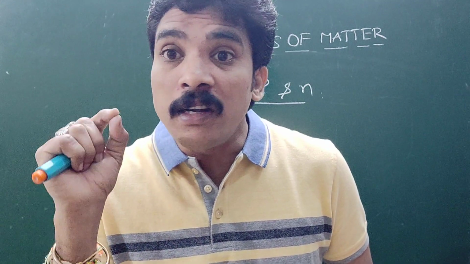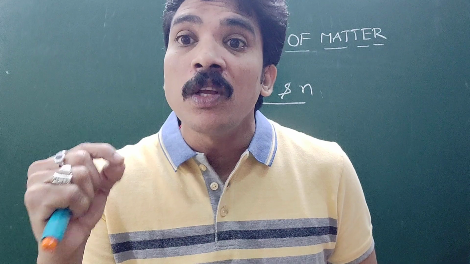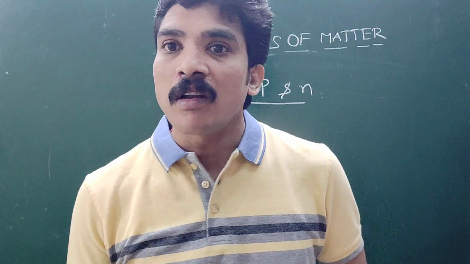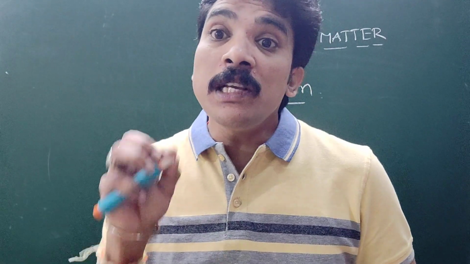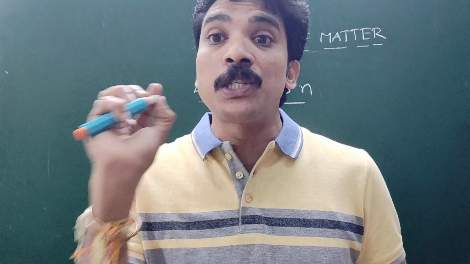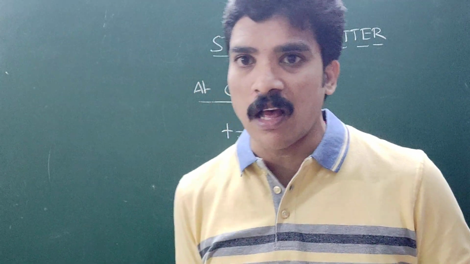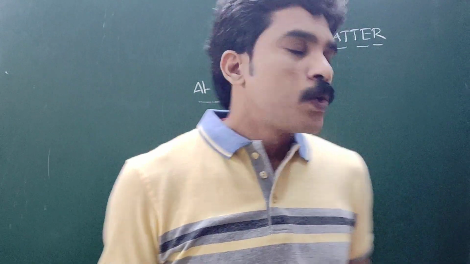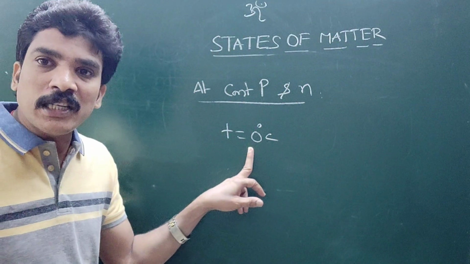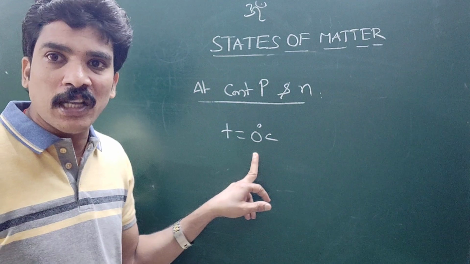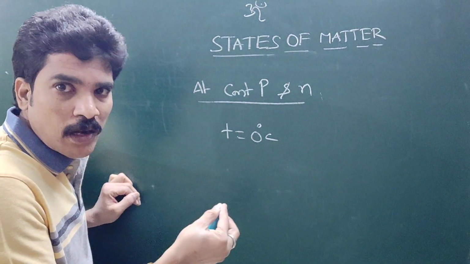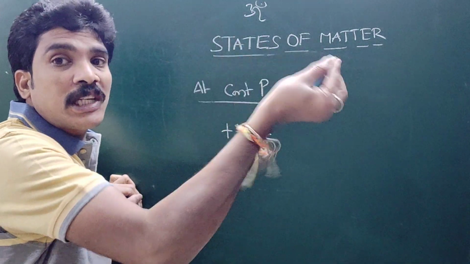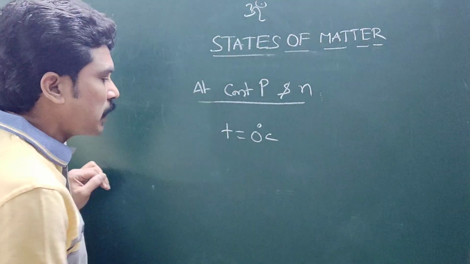Volume is not directly proportional to small t, the temperature on the Celsius scale. Volume is directly proportional to absolute temperature; that is Charles' law.